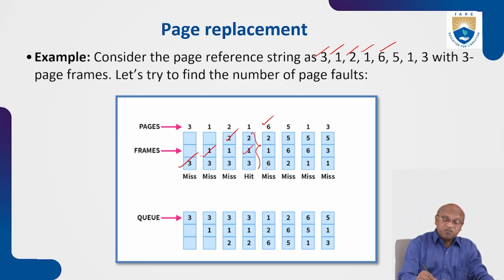Which page was brought from the hard disk to RAM first? That page is to be replaced. 3 was first in, so now 3 will be replaced with the 6.